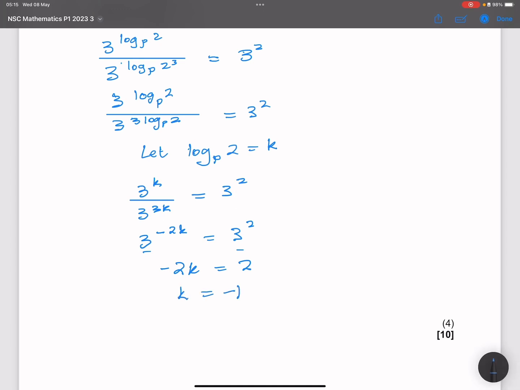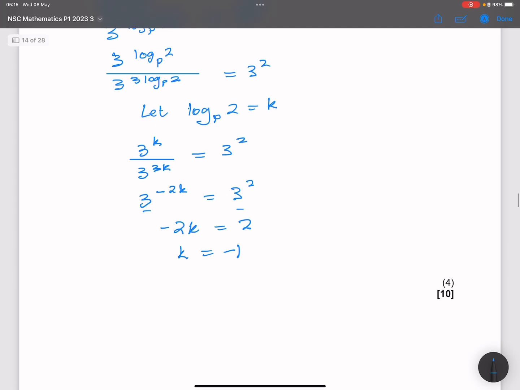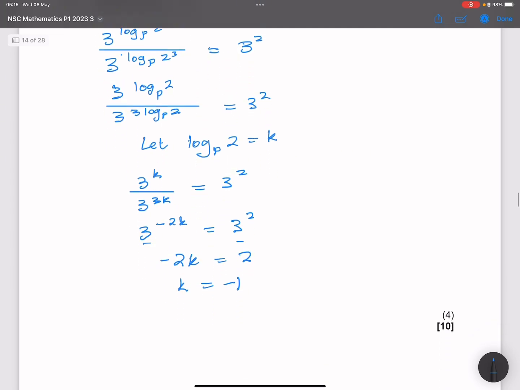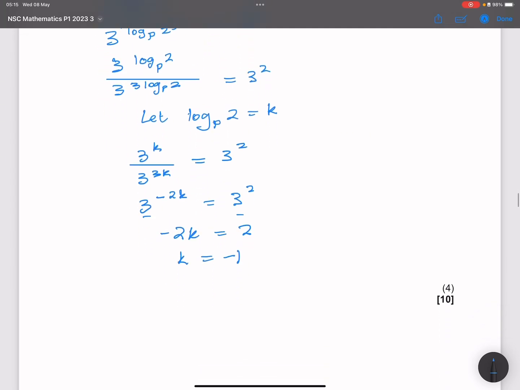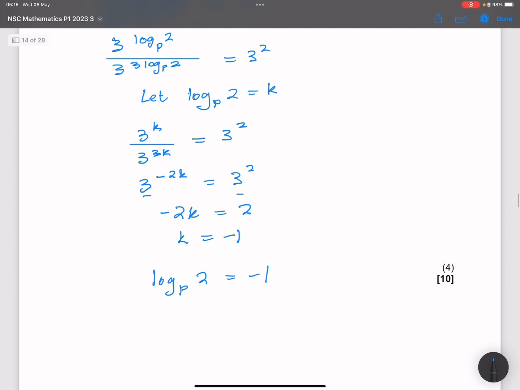All right, so remember we are looking to solve for p. So in this case I've got log base p of 2 is equal to -1. Now remember, we said that p becomes the base and that becomes our exponent.